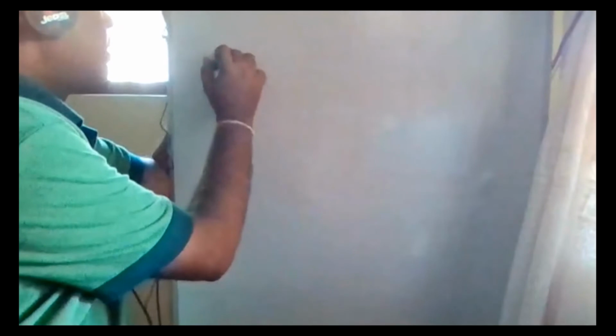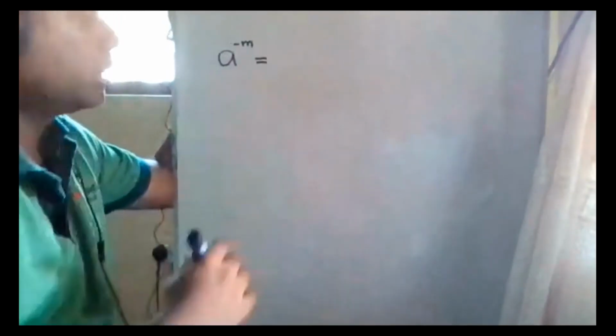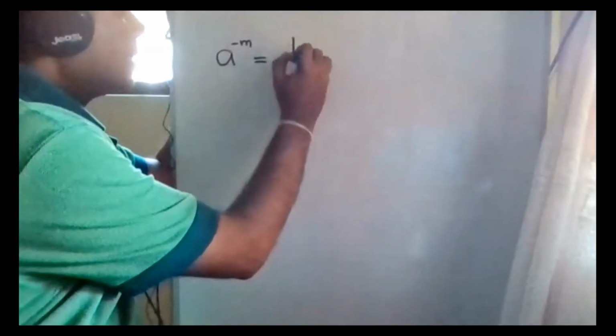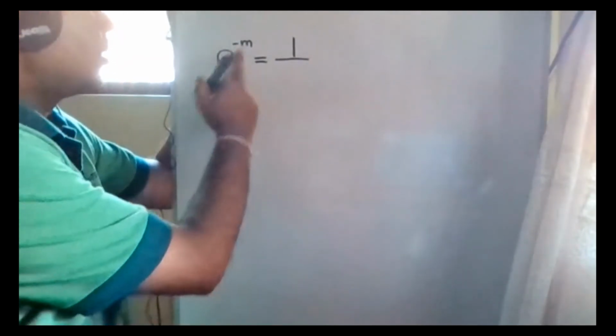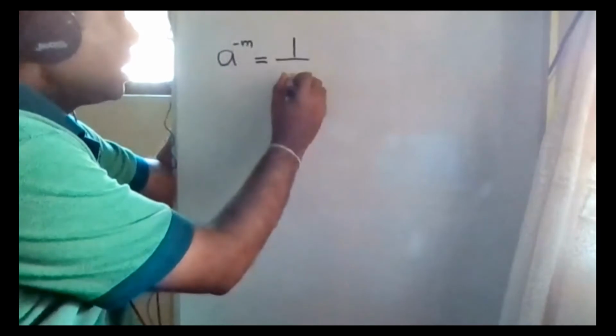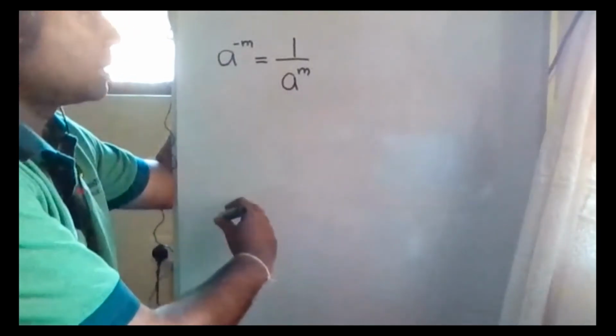Not only like that, we can write this, converting a negative index into a positive, like this. If there is a negative index in the numerator, it can be converted into a positive index by taking it into the denominator place.